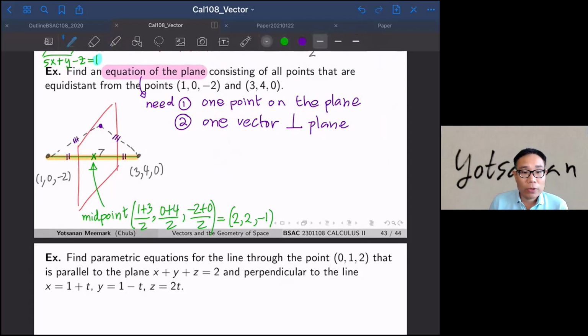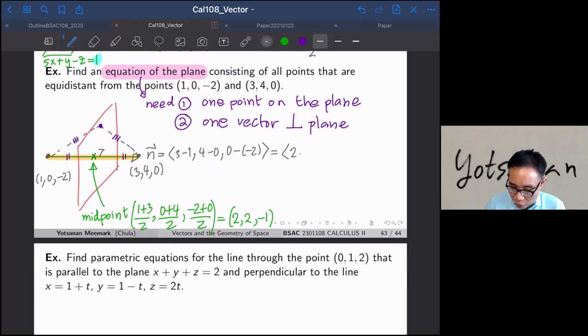So this vector is perpendicular to the plane, and you have n given by 3 minus 1, 4 minus 0, and 0 minus negative 2.